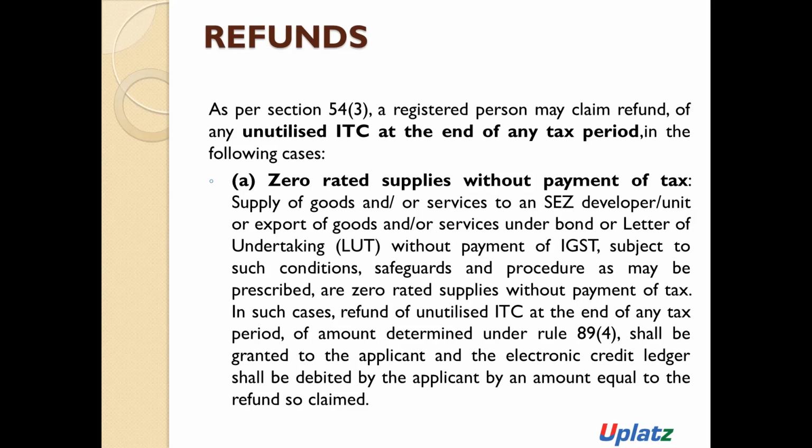The amount is to be determined under rule 89 sub rule 4 and shall be granted to the applicant, and the electronic credit ledger shall be debited by the applicant by the amount which is equal to the refund so claimed.